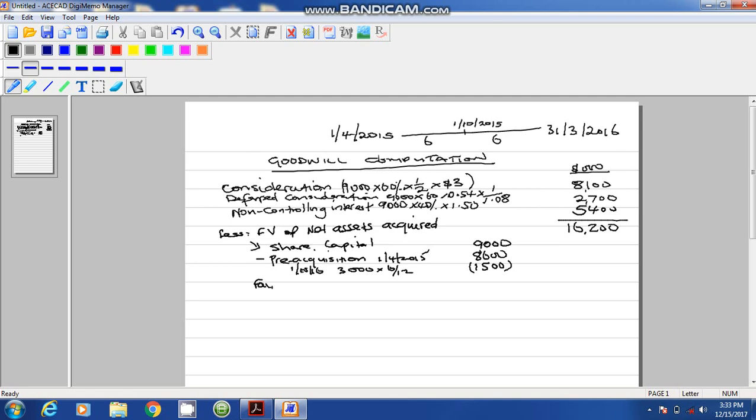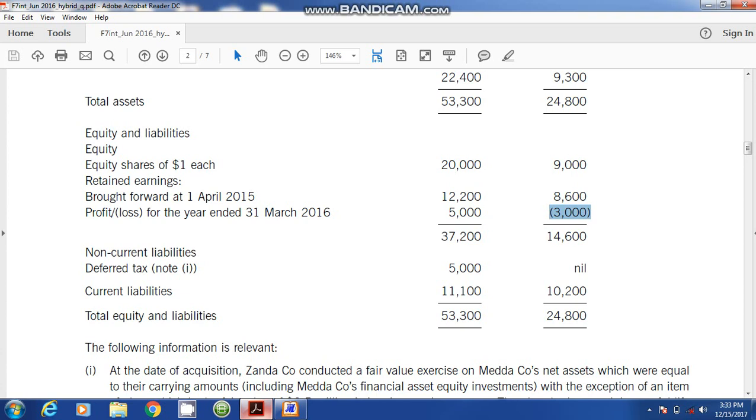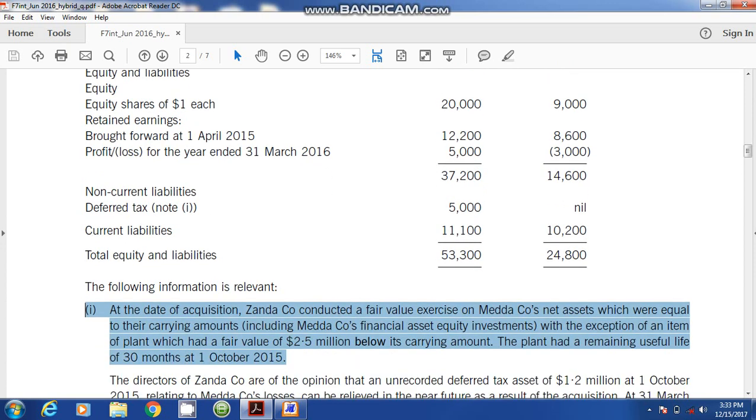Then we bring in our fair value adjustments. At the date of acquisition, Z conducted a fair value exercise of M company's net assets, which were equal to their carrying amount, with the exception of an item of plant, which had a fair value of 2.5 million below its carrying amount.